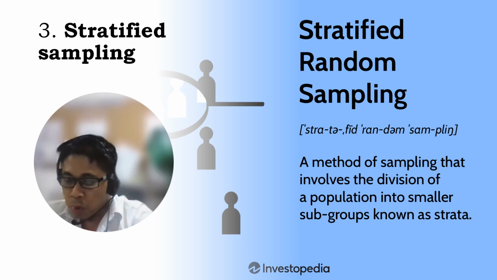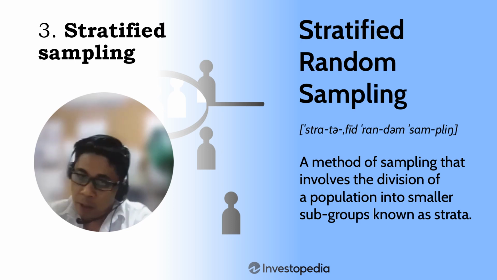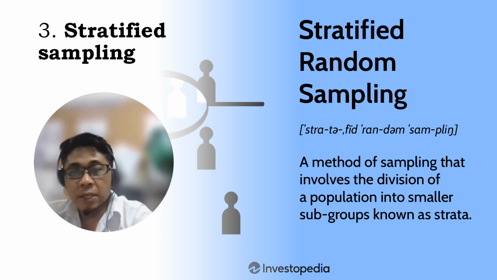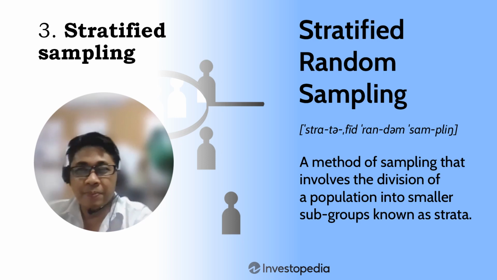So you want to ensure that the sample reflects the gender balance of the company. So 80% and 20%. So you sort the population into two strata based on gender. Then you use random sampling on each group, selecting 80 women and 20 men, which gives you a representative sample of 100 people.